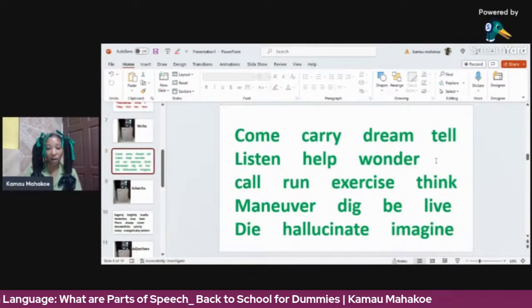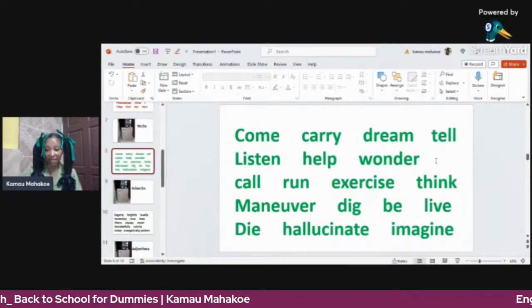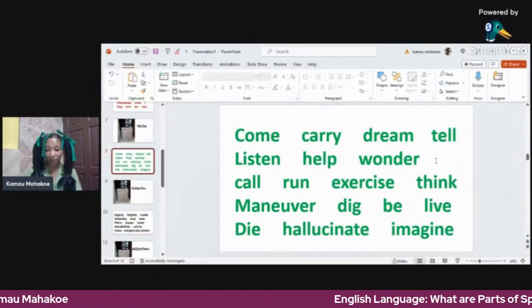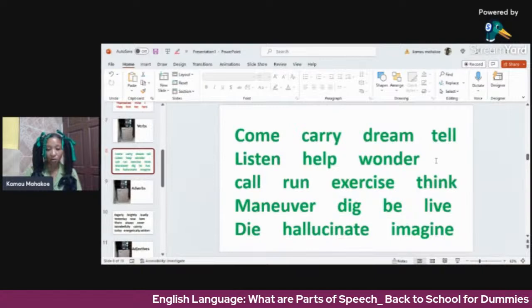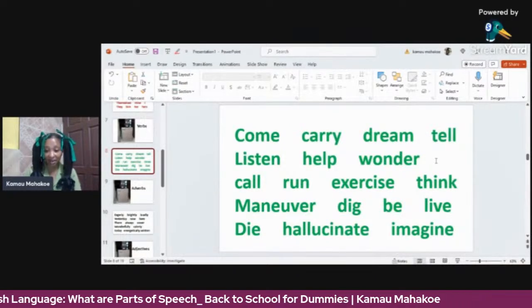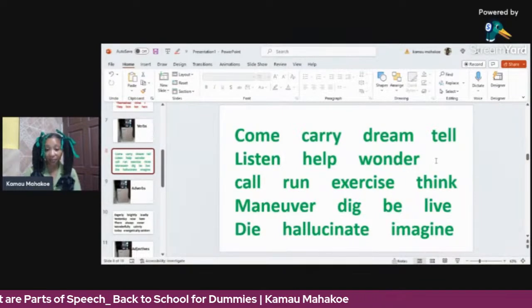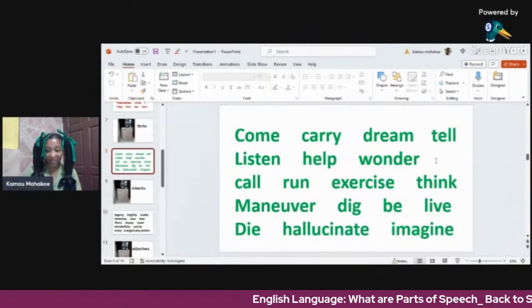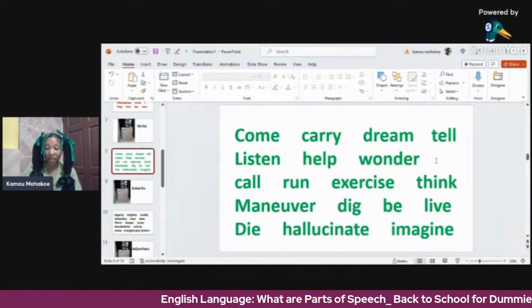So let's look at the verbs that we have here. So we have come, carry, dream, tell, listen, help, wonder, call, run, exercise, think, maneuver, dig, be, live, die, hallucinate, imagine.